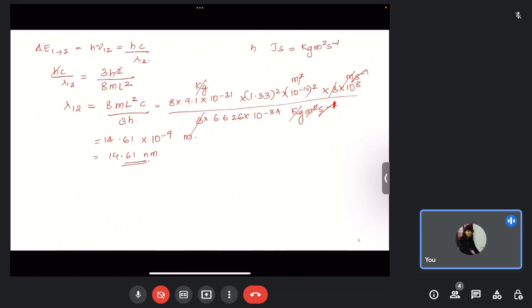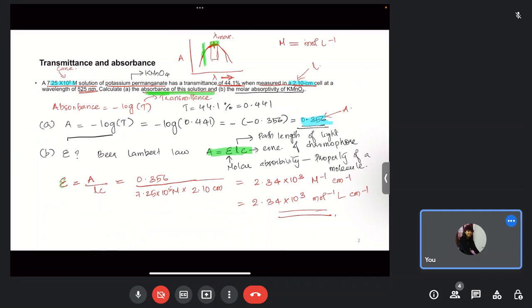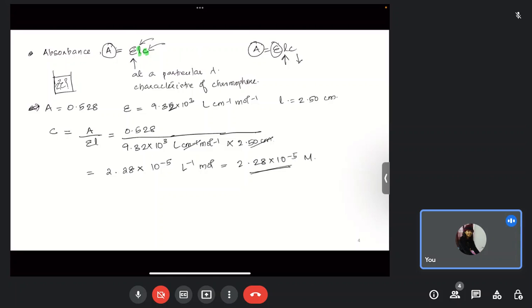So in the first part of the problem solving session, we went over the Beer-Lambert law, and we first found the absorbance from a given transmittance, and we used the Beer-Lambert law to find the molar absorptivity of KMnO4 given the concentration, the path length and the absorbance value, which was calculated in part A. In the second question, we used similar formulas to find the absorbance and the percentage transmittance, and we found how the absorbance is affected by epsilon, path length L and concentration C.